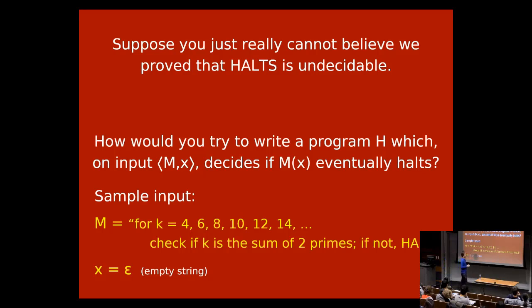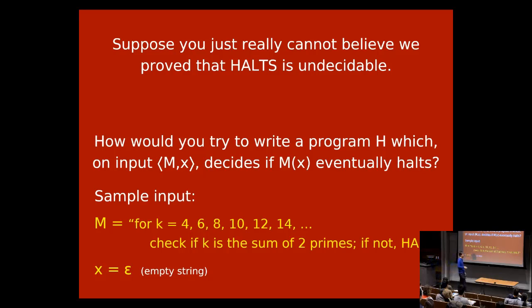How would you write a program H that could tell whether this program M halted on the empty string input? It's not so easy, right? It seems like you have to understand something about number theory. You have to understand whether every even number is the sum of two primes.